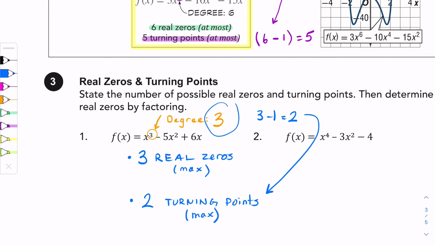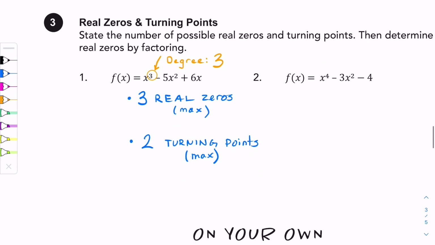That's where your turning points come from. So again, a maximum of 3 real zeros and a maximum of 2 turning points. The reason why we're going over this is because when you start graphing next class, you need to make sure you understand all of the parts. You have to understand how many turning points you can have or where the zeros are.